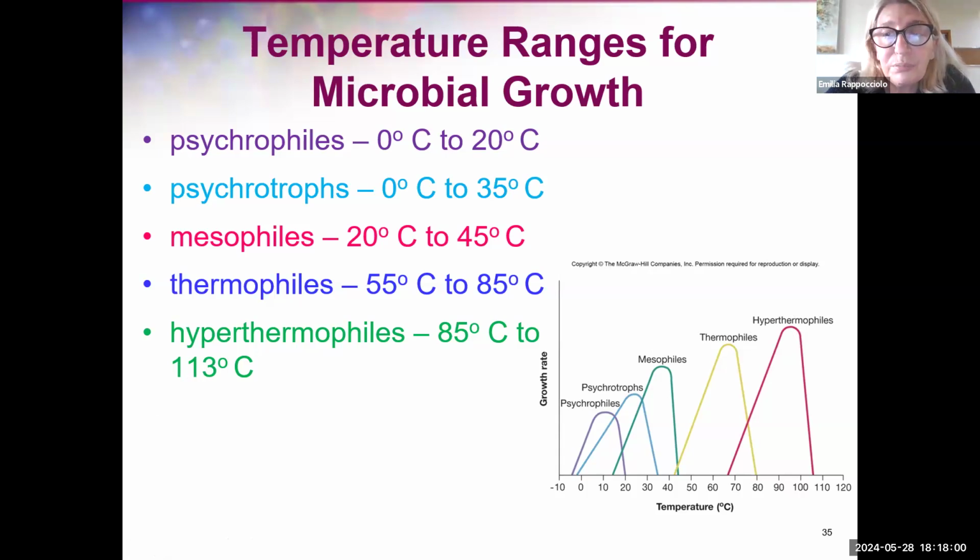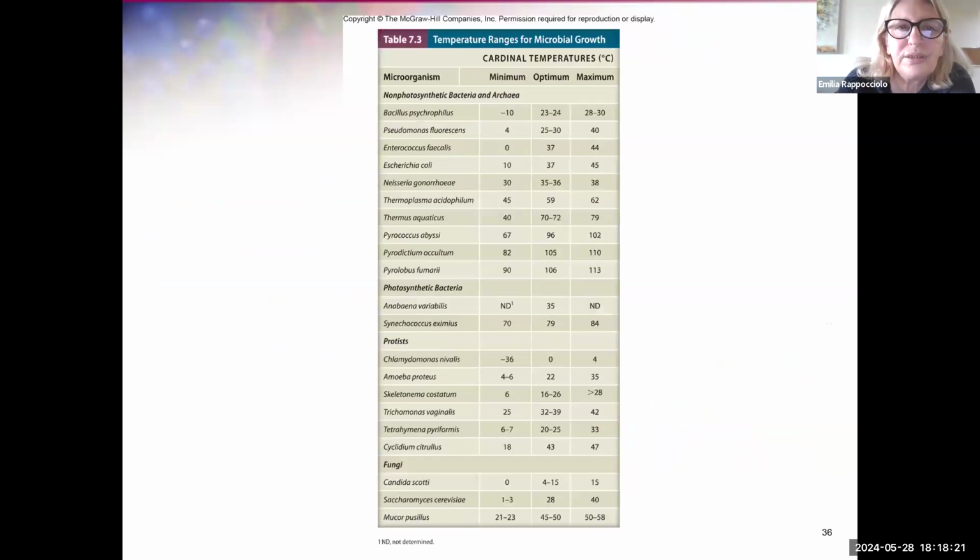This is 15 degrees above water boiling. So they're very well adapted. It's not their ideal, it's not the optimal temperature, but they can still grow and divide very slowly at temperatures above 110. And so very extreme adaptation for this microorganism. Yeah. Here there is a table with some examples.